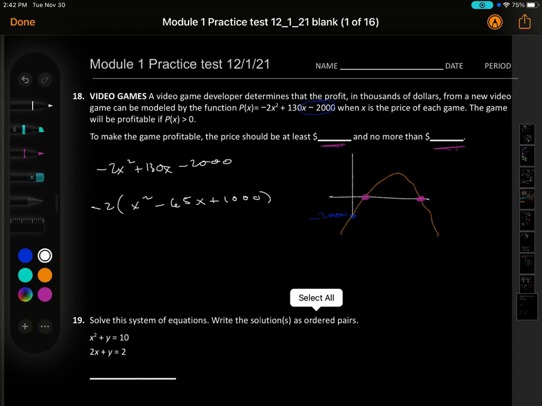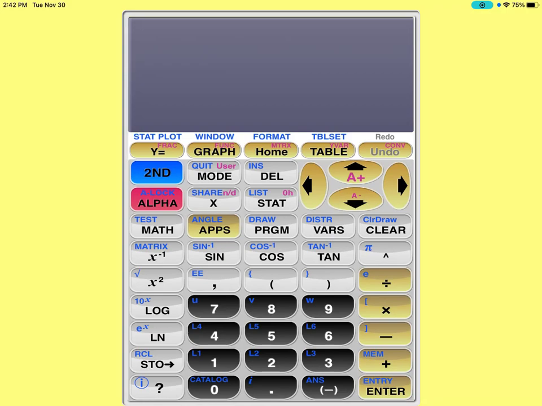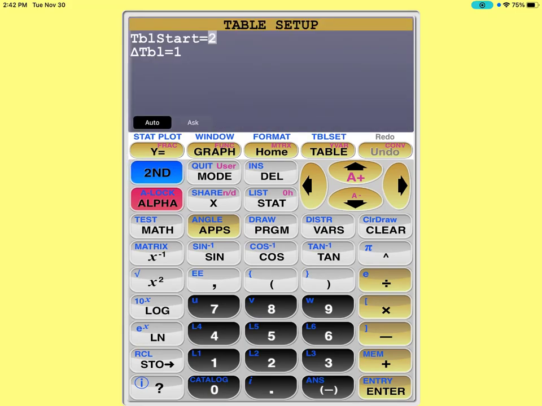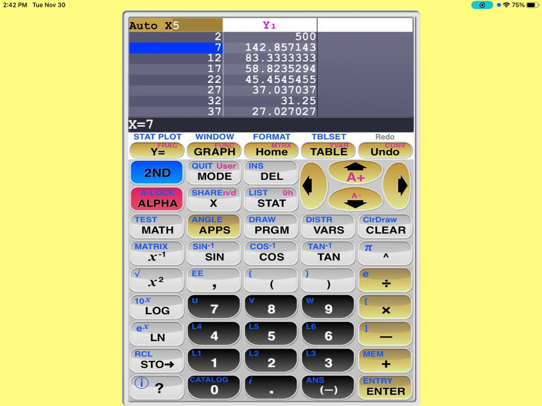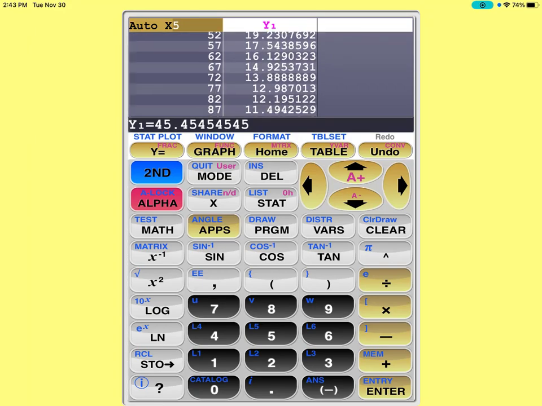So here's my trick. 1,000 divided by x, and then I want this table to count by 5s. Then you're looking for two whole numbers. So 2 times 5 is 1,000, but if you subtract them, it does not equal the number we wanted, which was 65.